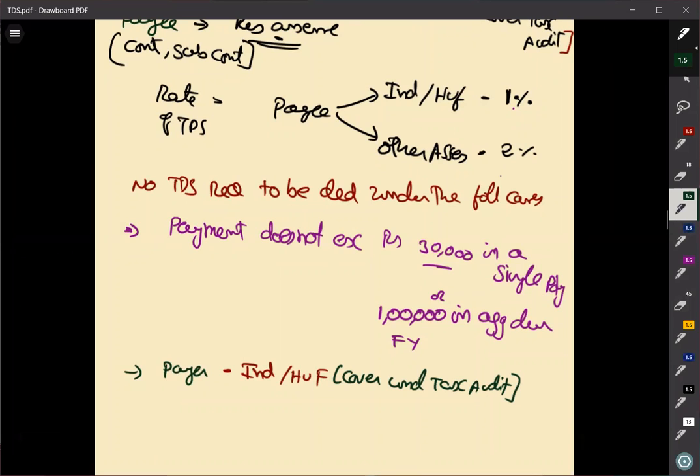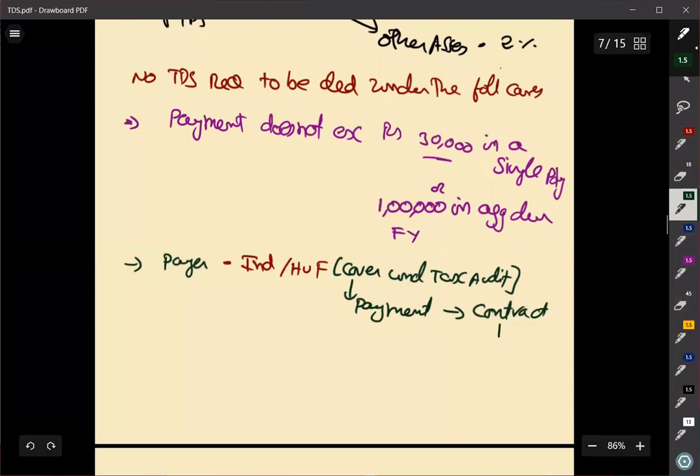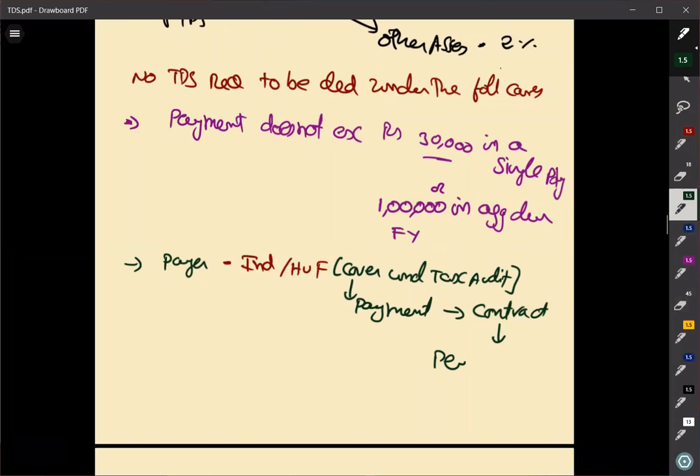So he is covered under tax audit. But what is he doing? He is making payment to someone called a contractor. Why is he making the payment? Because of a personal purpose. He has taken the contractor for personal use, either for himself or for his family members.